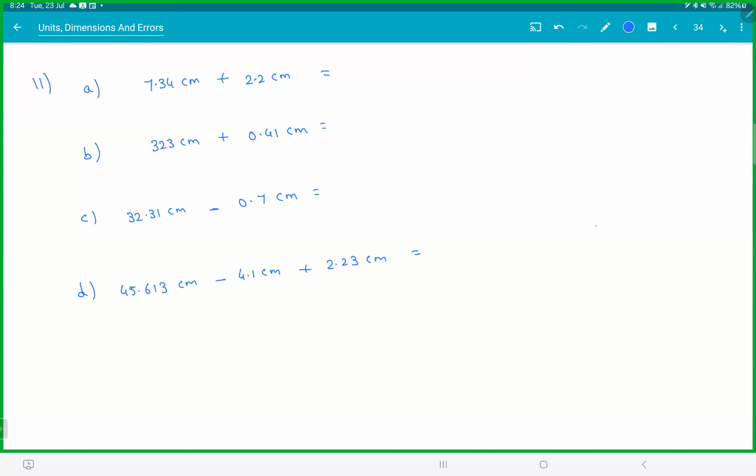Let's get them all. First, we just add and subtract like normal, and at the end we can see.